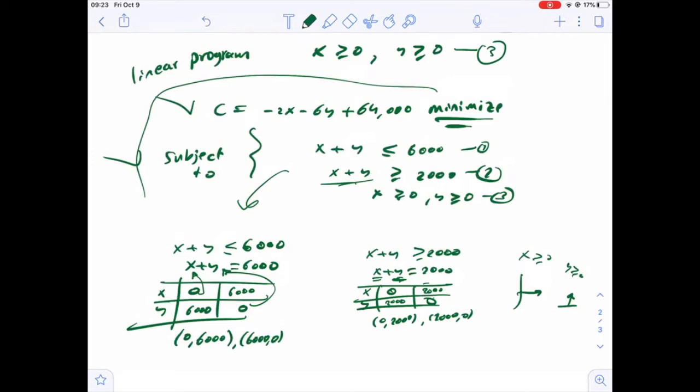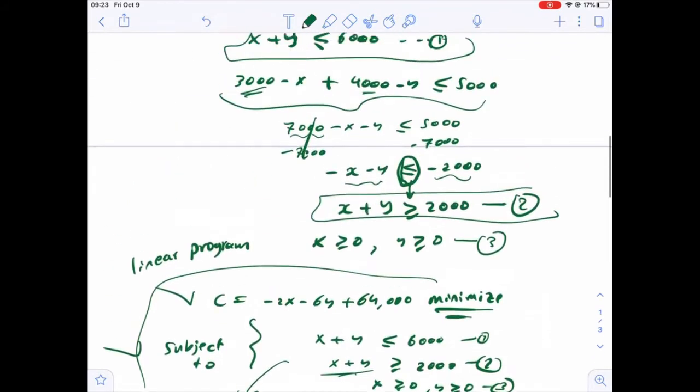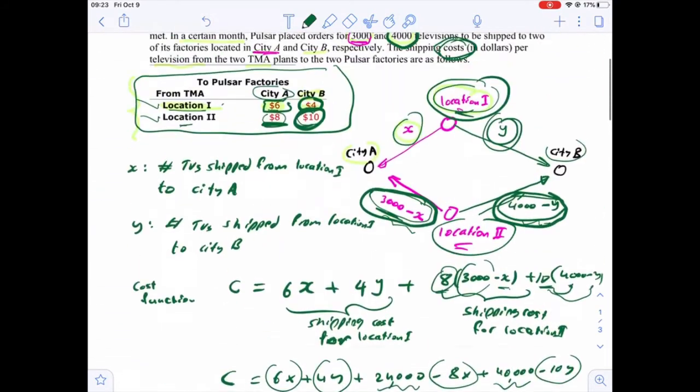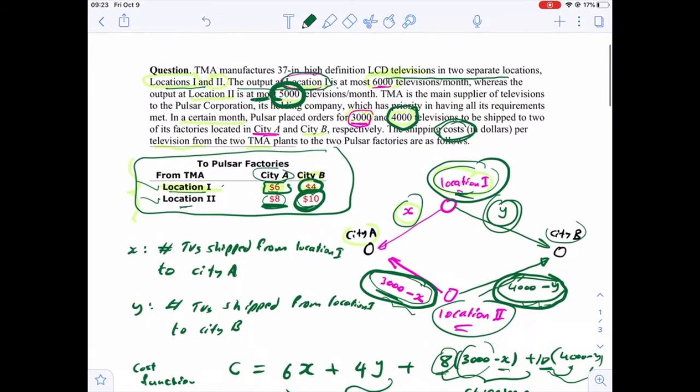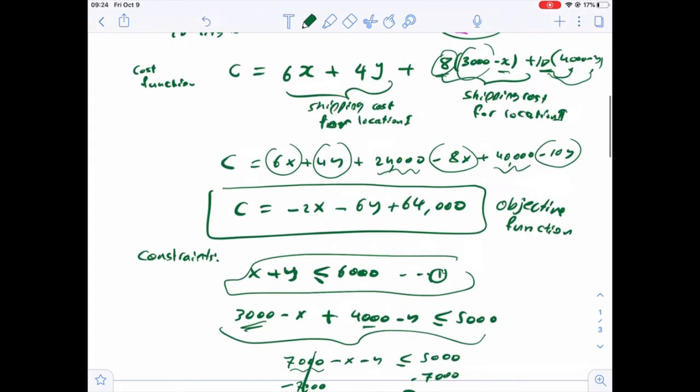Now I think we still have some constraints about x and y. So if we look at the problem itself, we still have some constraints. We said that the order is 3,000, consists of 3,000 to be shipped to city A, and 4,000 to be shipped to city B. And that means any one of the variables.